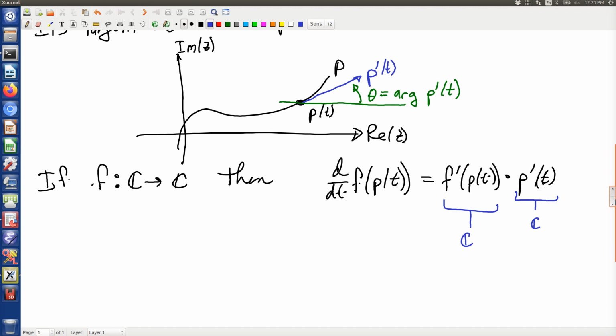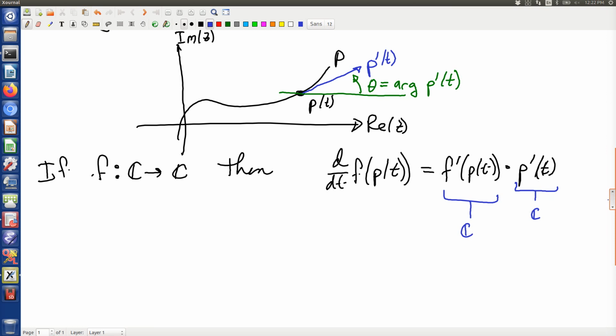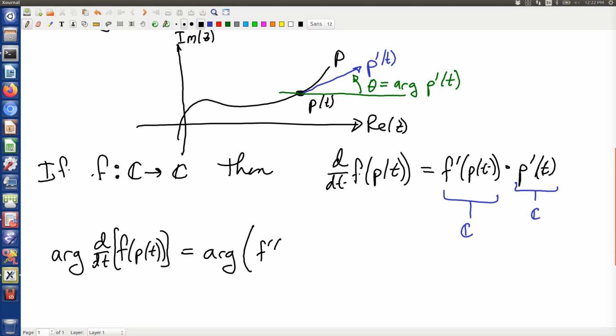Well, let's see how that works. So what's the angle? The argument of d by dt, the transformed angle, that's the argument of f prime of p of t times p prime of t.